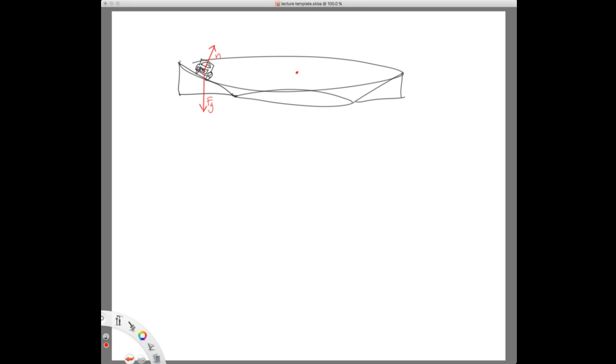You have to imagine that this car is traveling in a horizontal circle. Maybe the center's more like that. Even though the road slopes down, the car doesn't go up or down. It just goes in this circle.